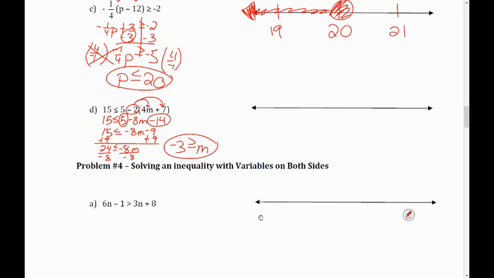So if you want to rewrite it, m would come first. We flip that sign back to less than or equal to negative 3, and then we graph it. And over the top of negative 3, we're coloring it in because it includes negative 3, and we're less than that, so we're shading over here to the left side.